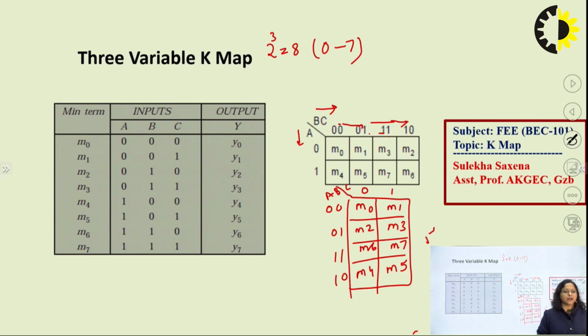So it is mandatory in KMap designing that for each consecutive step only one variable will change. So we always write the variable in fashion of gray code, not in simple binary terms. So this is the format of a 3 variable KMap.